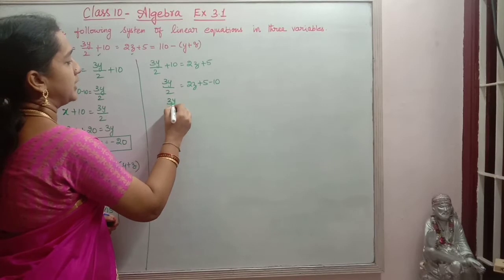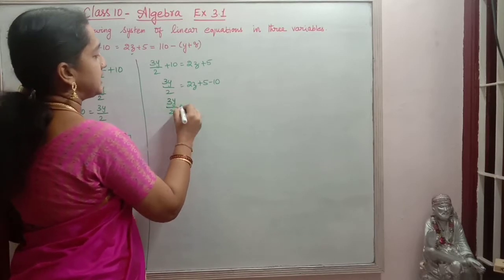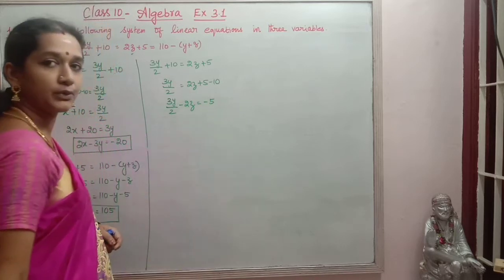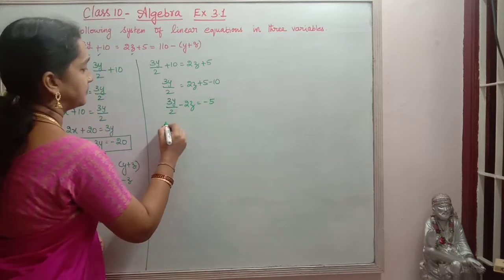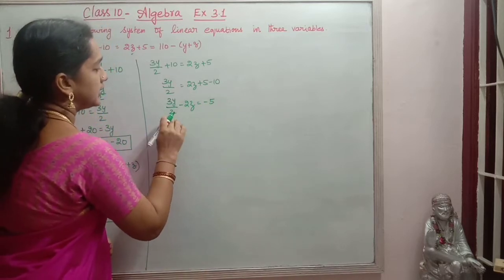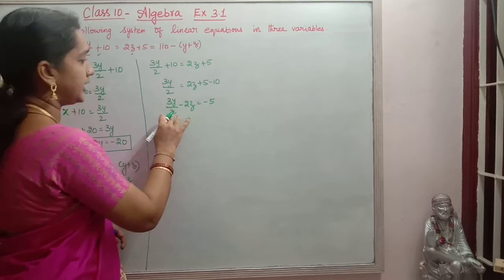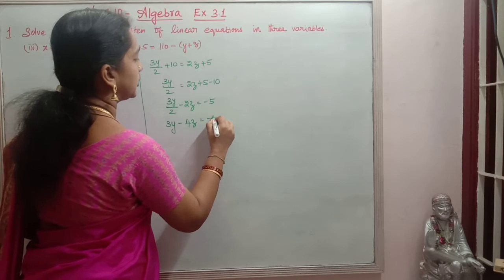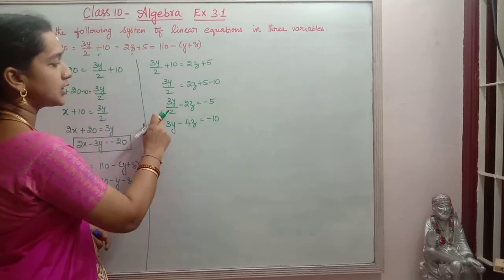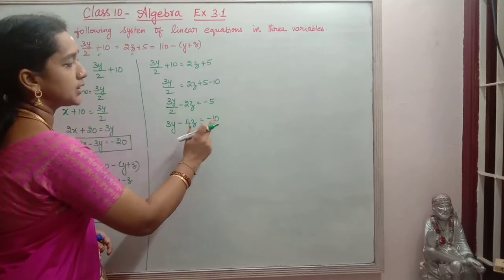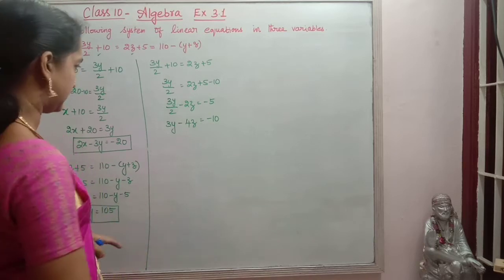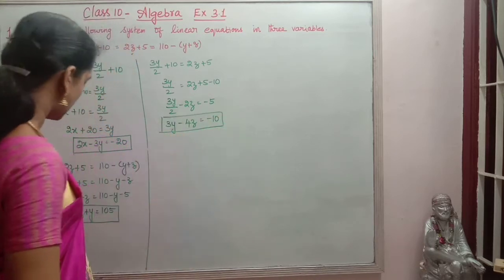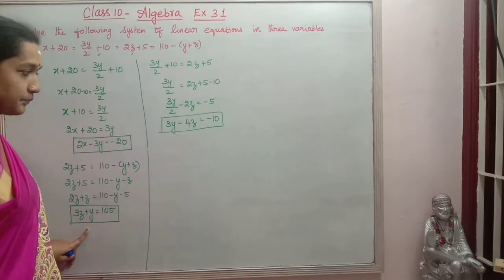I will bring this z to this side, so minus 2z is equal to minus 5. 5 minus 10 is minus 5. So 3y, I am simplifying this 2 in the denominator: 3y minus 4z is equal to minus 10. So this is another equation I got with y and z.